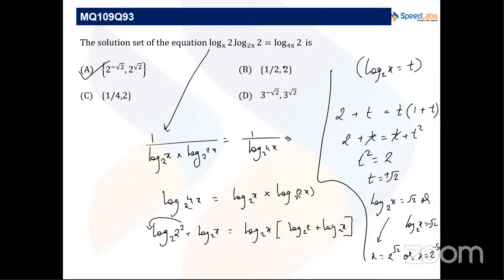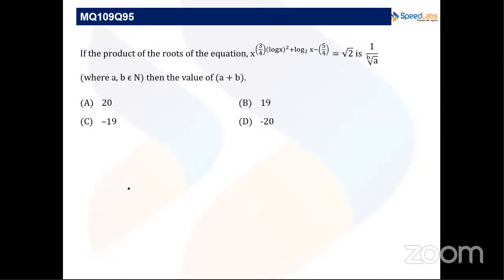Moving to the next question. If the product of the roots of the given equation is 1 upon a to the power 1 by b, then we need to find the value of a plus b. This we must be having in log base 2.